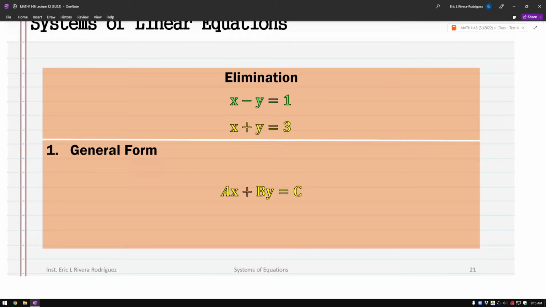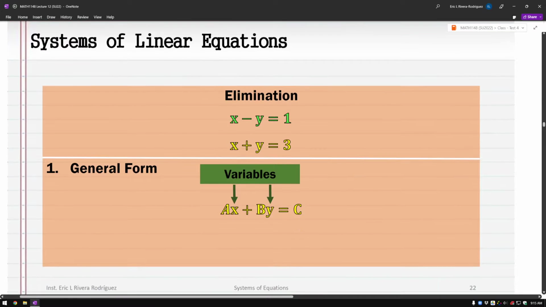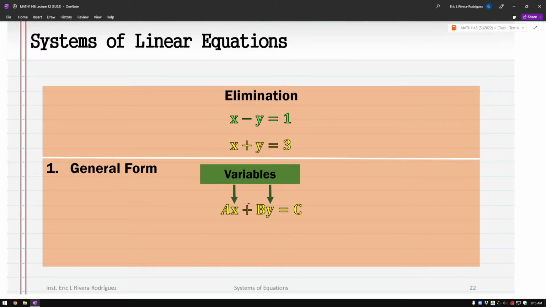To do that, we need to write both equations in general form. The general form always is going to have an addition operation, not a subtraction. That means if we have a subtraction, we need to pass that negative to the next coefficient or term.